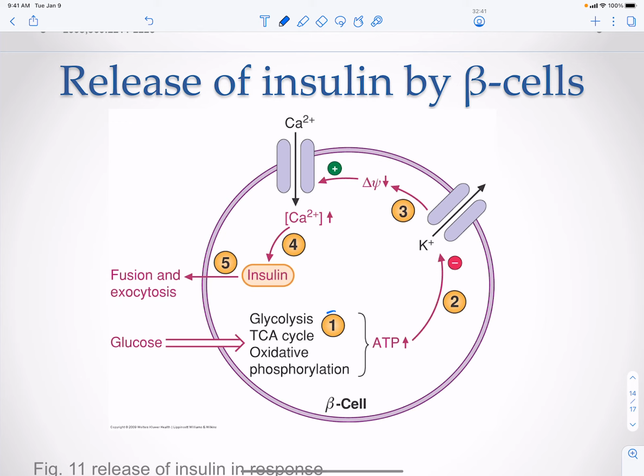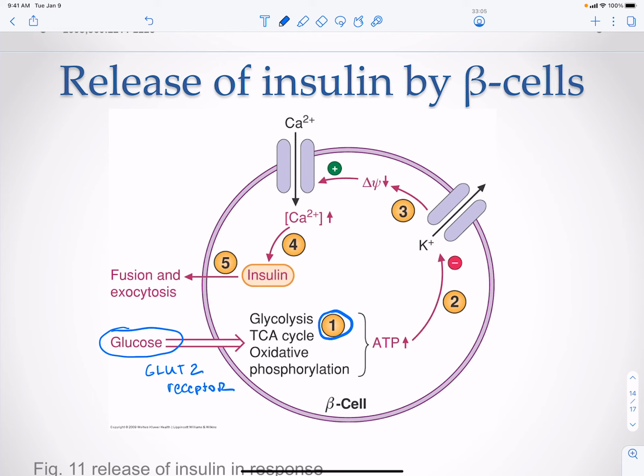So in the first step, you're going to have those proximal events in which you actually take up glucose, and this is through that GLUT2 receptor. Remember, GLUT2 receptor is constitutive, it's always there, but it has a very low affinity for glucose, so it only will pick up glucose if there's high levels of glucose.